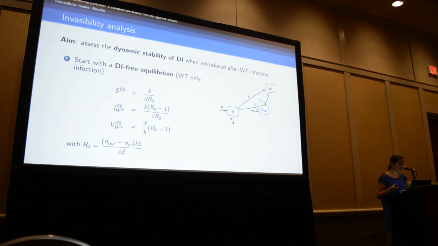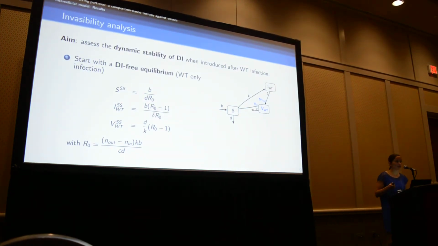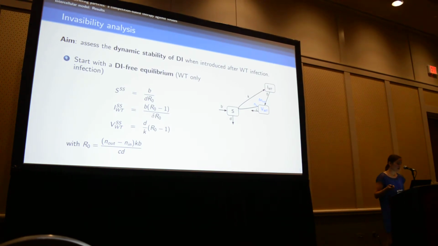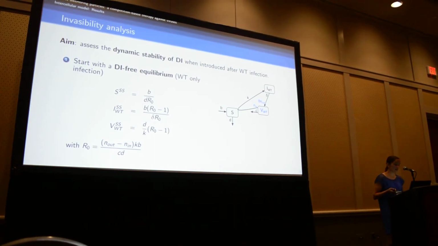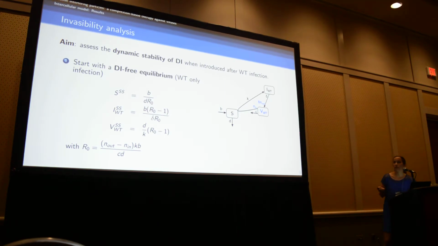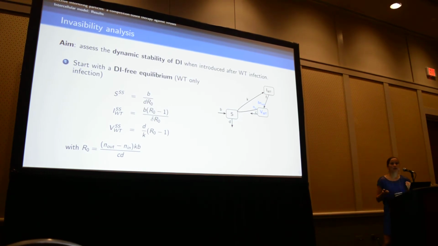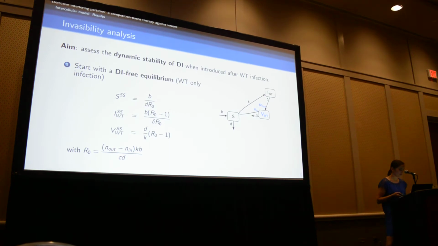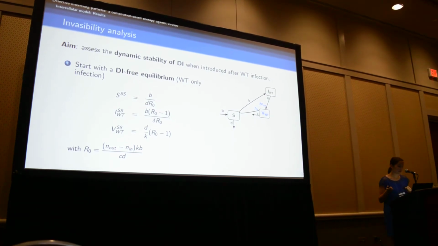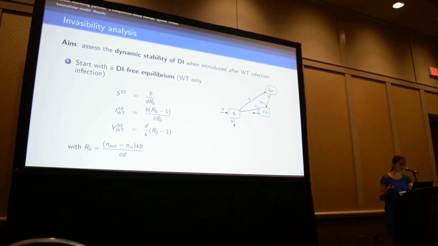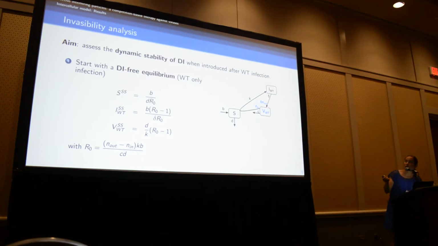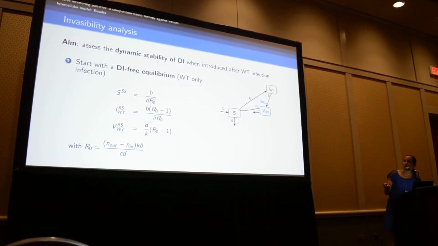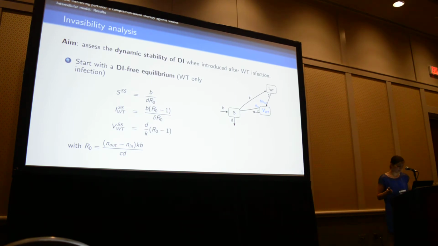So second, we conducted an invasibility analysis, and this allows us to assess the dynamic stability of the DI when introduced after Y-type infection. So in other words, it is mimicking the efficiency of the DI used as a treatment against Y-type infection. For this, we start with a DI-free equilibrium, so Y-type only infection. The system is pretty simple, and we can easily obtain the steady states.